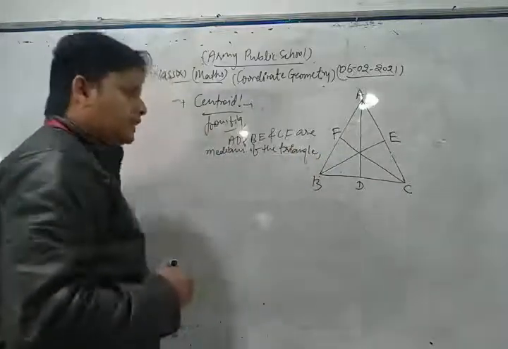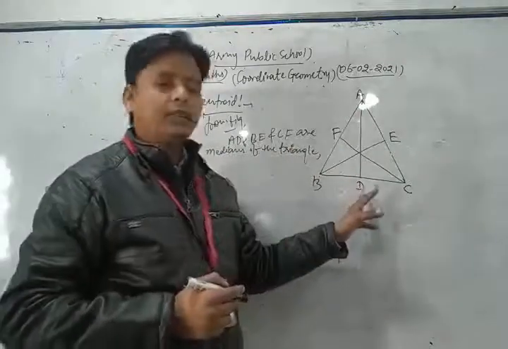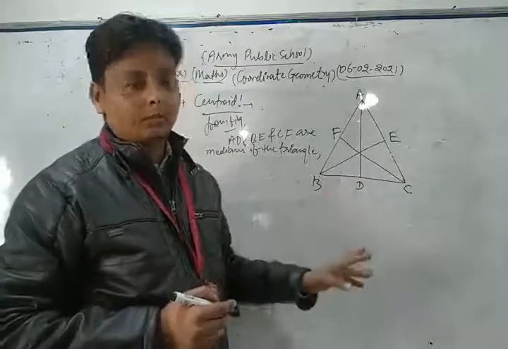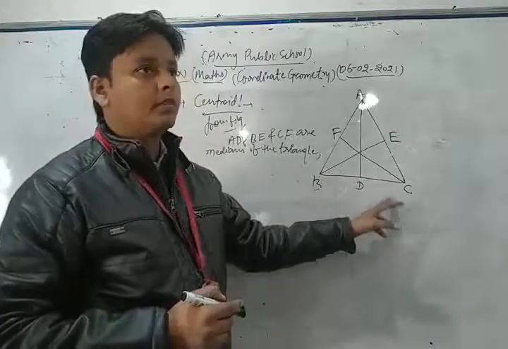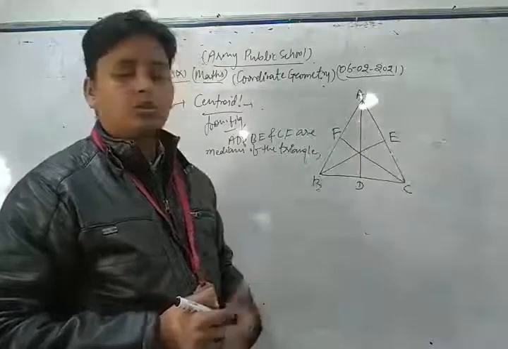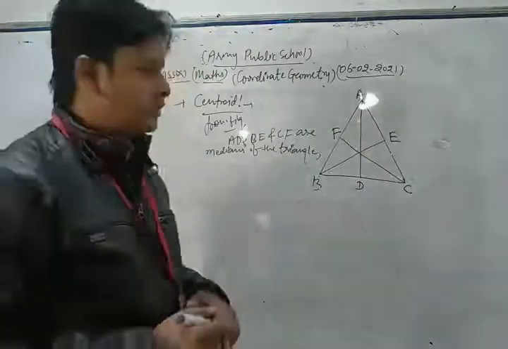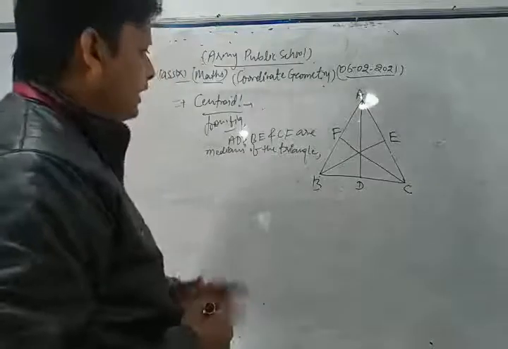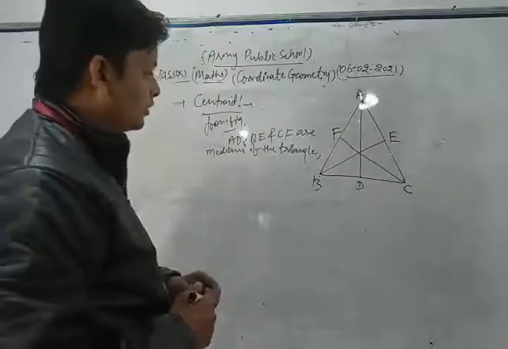And you know what a median is: it divides the opposite side into two equal parts. Means D is the midpoint of BC, F is the midpoint of AB, and E is the midpoint of AC. So this is the concept of medians. Here AD, BE and CF are the medians of the triangle.